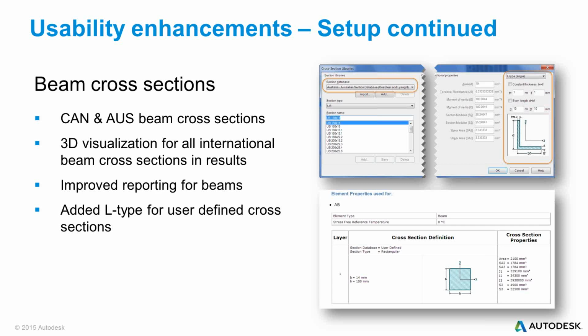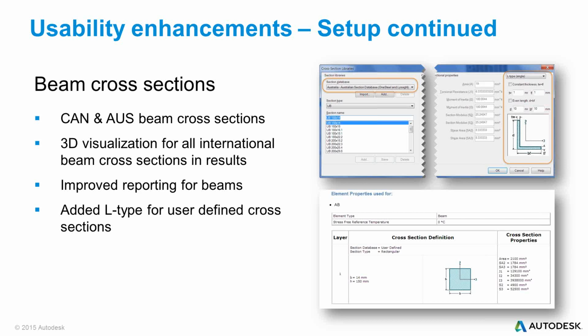Right? So this means, let me think, DIN, European, definitely the Canadian and Australian, and Japanese. Those are the 5 non-AISC beam cross-sections we now have. So they now all have 3D visualization in the results environment for the applicable cross-sections.